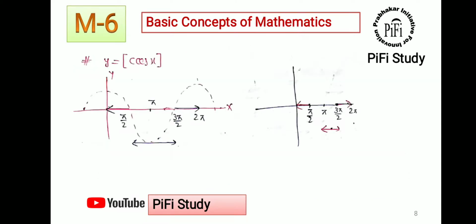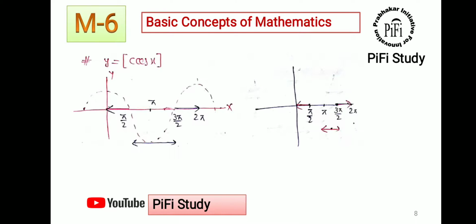If you are asked to draw the greatest integer of cos x, how will you draw? In this case you simply follow the same concept that you followed for the greatest integer of sin x. The thing is that here at 0 you will get 1 and at pi by 2 you will get 0.